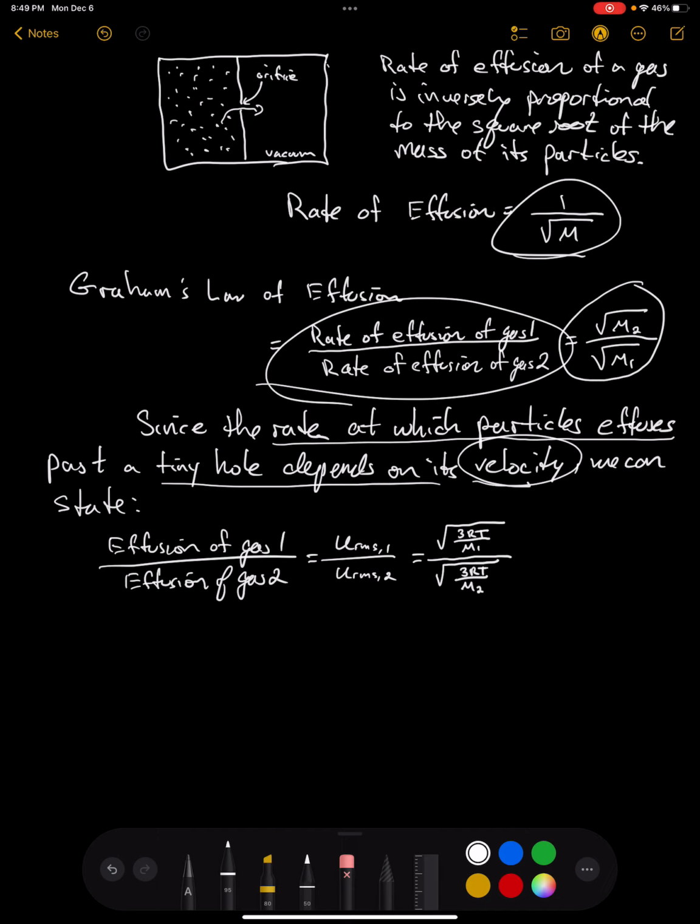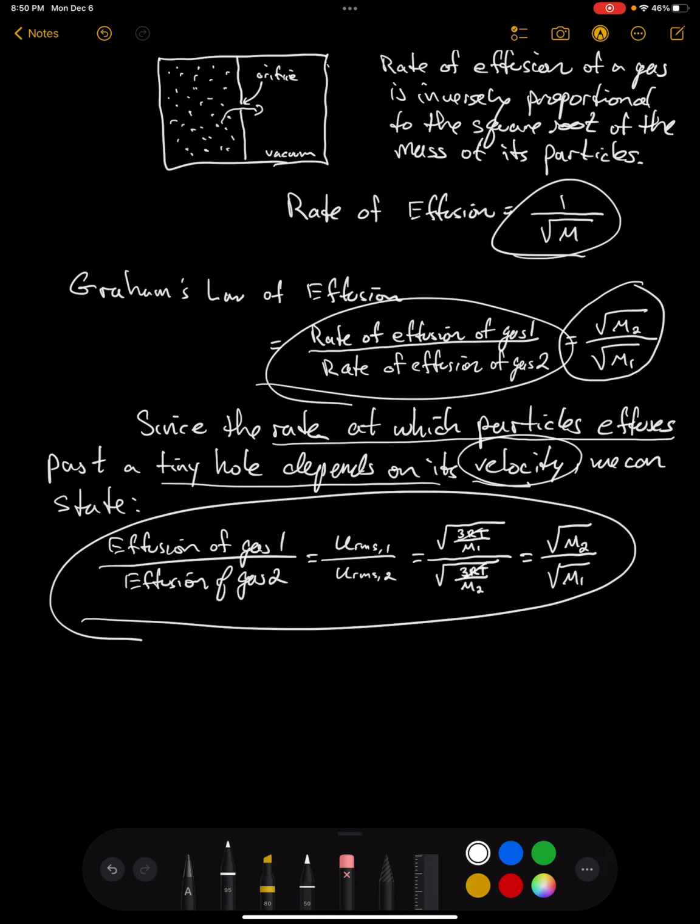And so when we do the algebra, of course, the 3RTs cancel, and we end up showing that the effusion of gas 1 is 1 over the square root of M1, and the effusion of gas 2 is 1 over the square root of M2, which means that the ratio of these two effusion rates, effusion of gas 1 divided by effusion of gas 2, is the square root of M2 divided by the square root of M1.